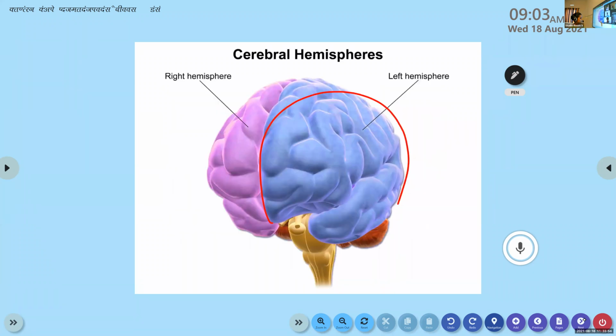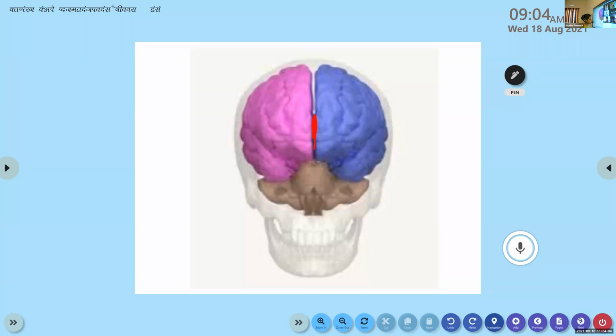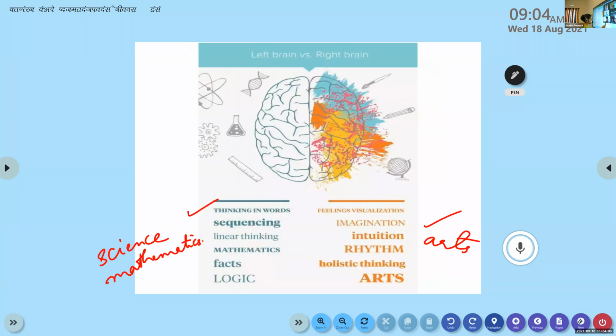Yes, the two hemispheres of the brain, the left hemisphere as well as the right hemisphere. And they are connected by a structure called the corpus callosum. In between, they have a bridge called the corpus callosum. Basically, if the left brain is dominant, that means the person will be very good in science, mathematics, language, and so on.